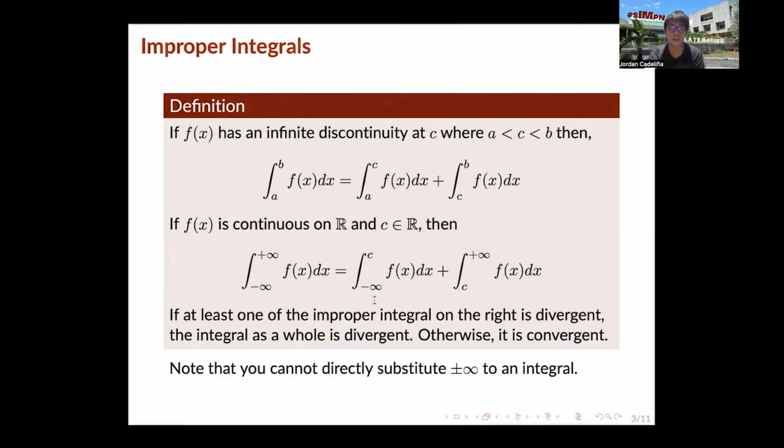This time, instead of discontinuous si c, dito naman continuous naman si c sa part na ito. So, take note na yung negative infinity at saka positive infinity naman yung laman nito. And also, if at least one of the improper integrals on the right is divergent, so yung mga nandito sa kanan ng equation, then the integral as a whole, yung nasa kaliwa, ay divergent.